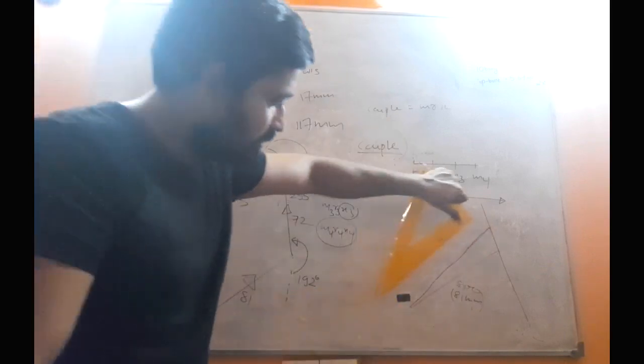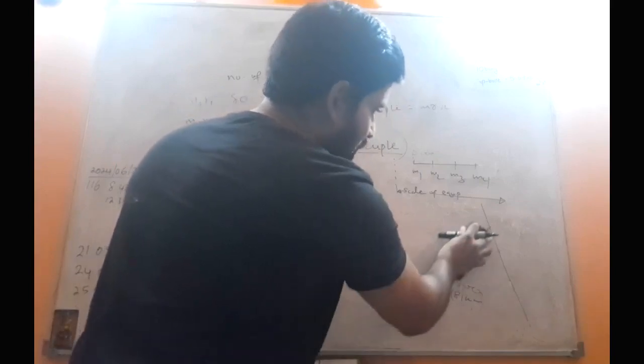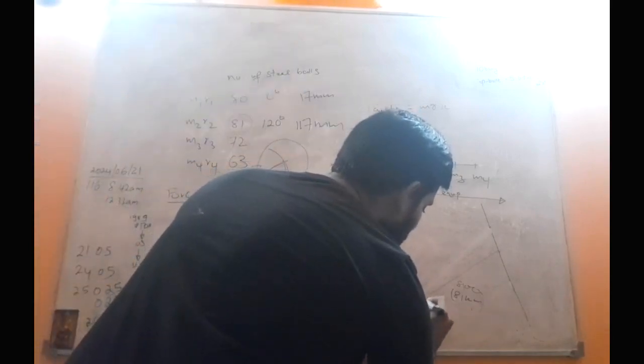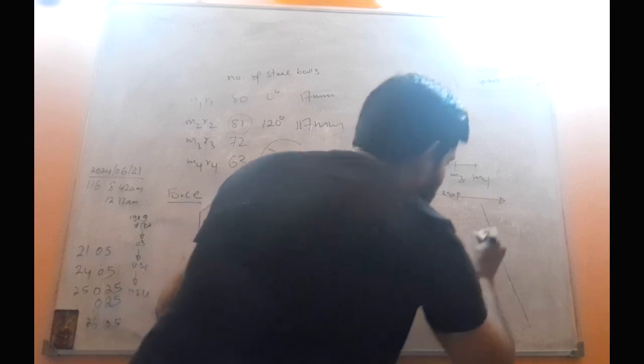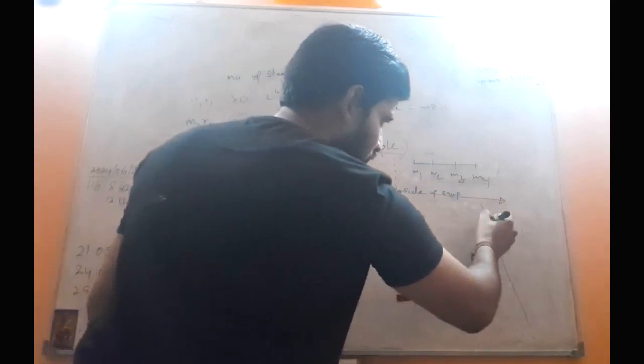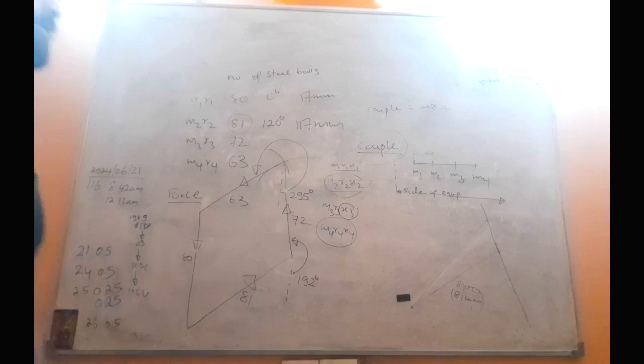So this is the only possible way. As it is not clear, I will sketch it again. It's not that much large, somewhat like this. Now you can measure the length.